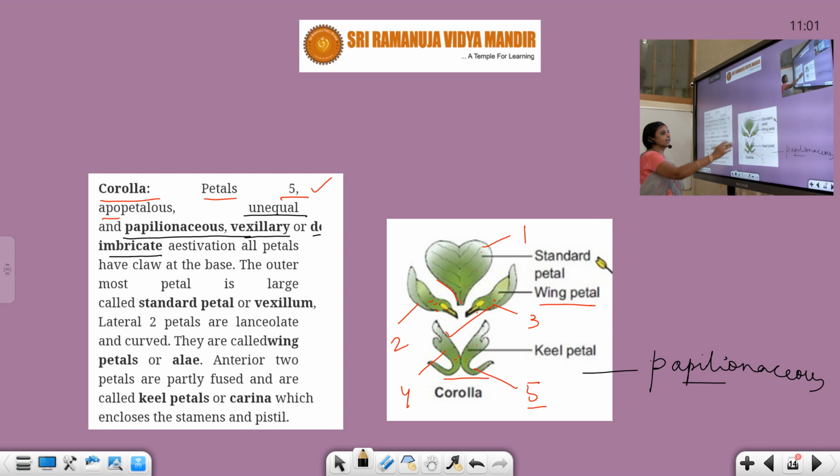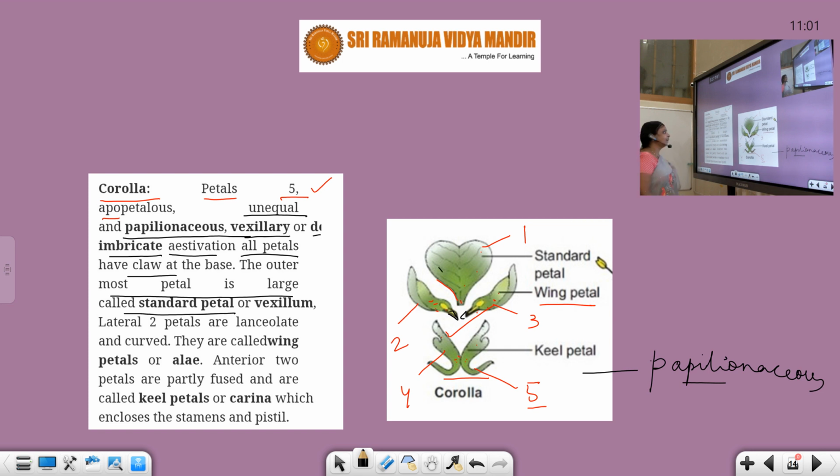Descending imbricate I just showed you, and in the floral diagram also we will see aestivation. All petals have claw-like structures at the base. The outermost petal is large and is called the standard petal, vexillum or flag.